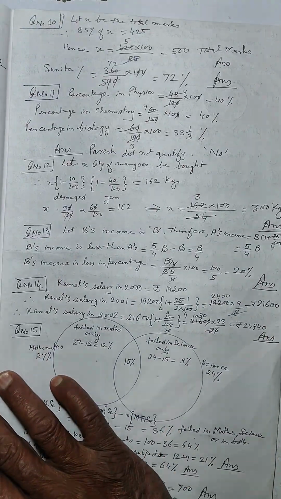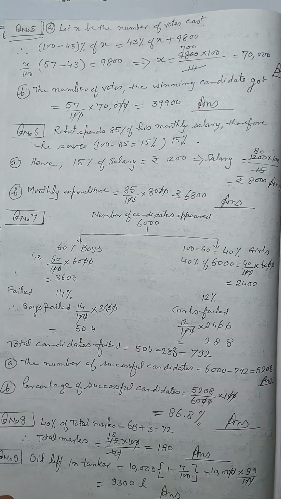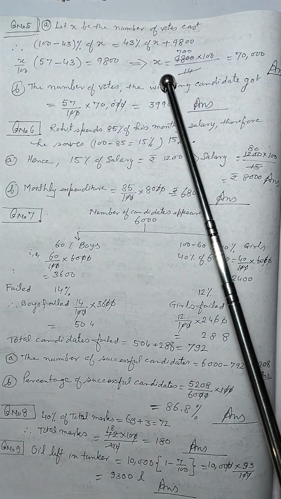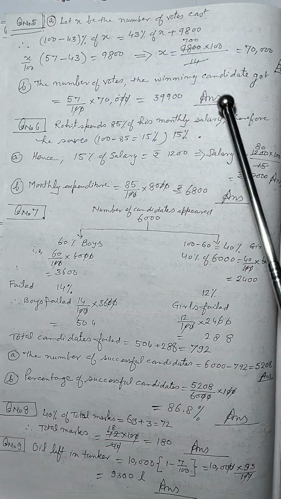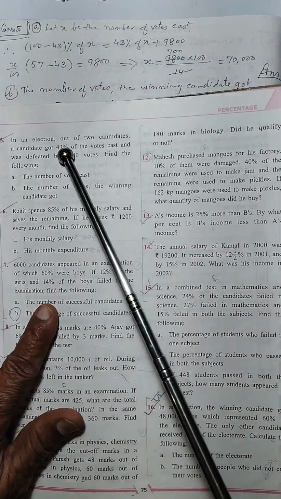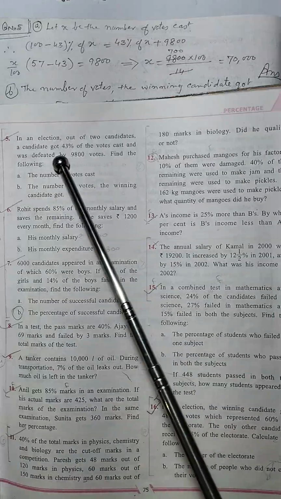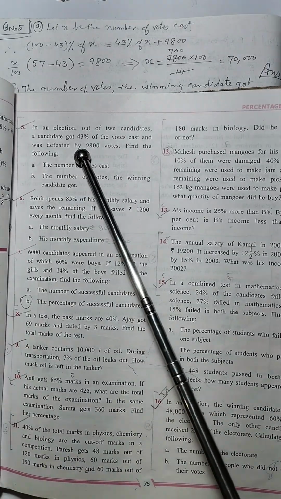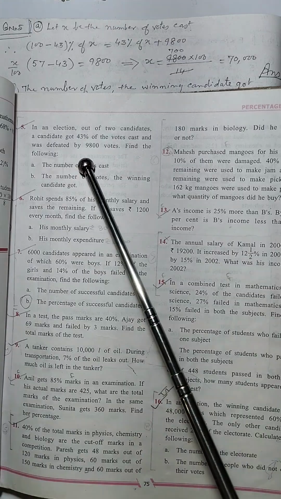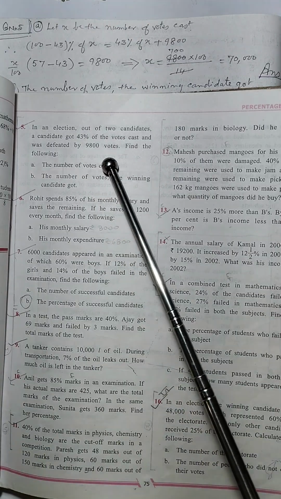Now come to question number 5. Question number 5 states that in an election, out of 2 candidates, a candidate got 43% of the votes cast and was defeated by 9,800 votes.